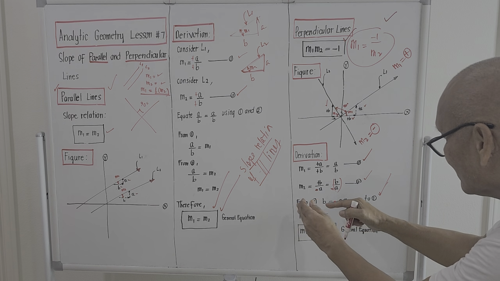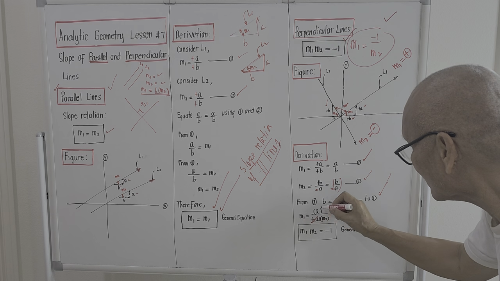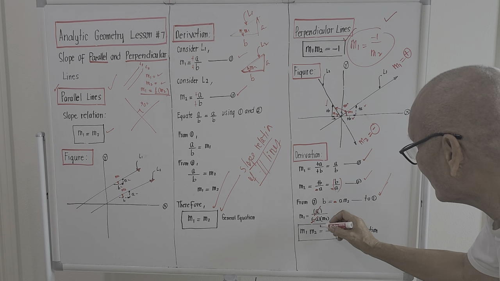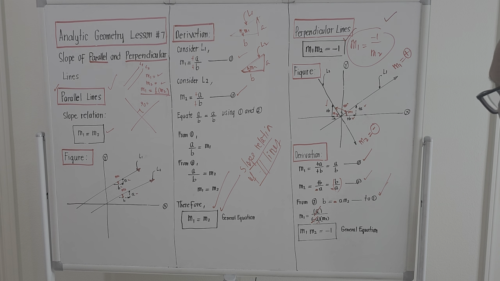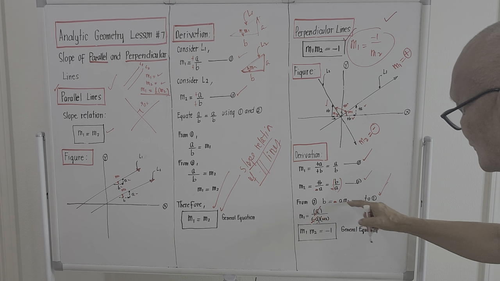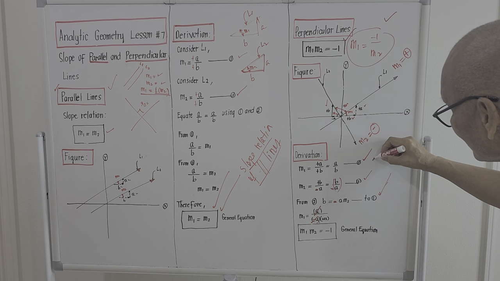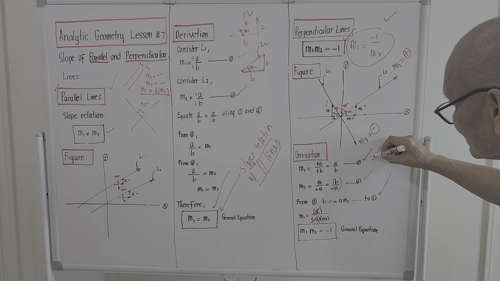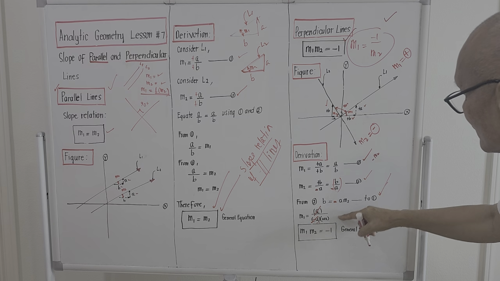The operation on the denominator is multiplication, so actually we can cancel this A here with this. What remains on the bottom portion will be negative 1. Okay? So m2 times negative 1 is negative m2, right?